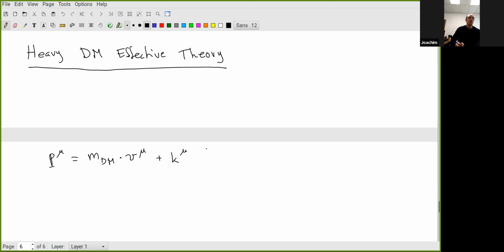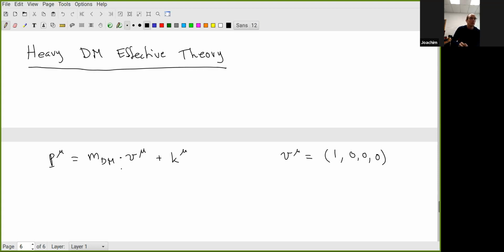So k^μ is something small. And v^μ is the four-velocity, let's say in the lab frame, that's just (1, 0, 0, 0). So this four-momentum is completely dominated by the energy, and the energy is completely dominated by the mass because it's non-relativistic.